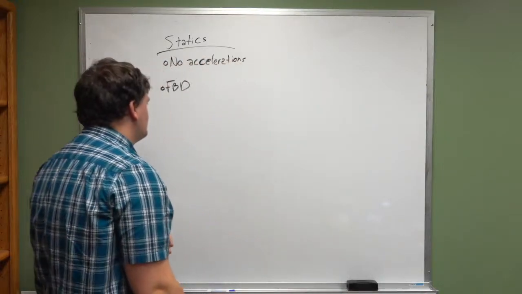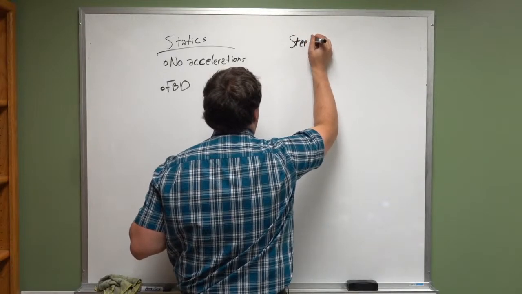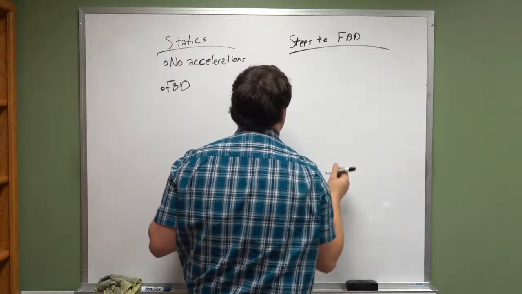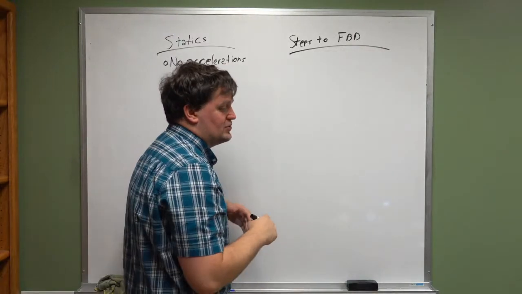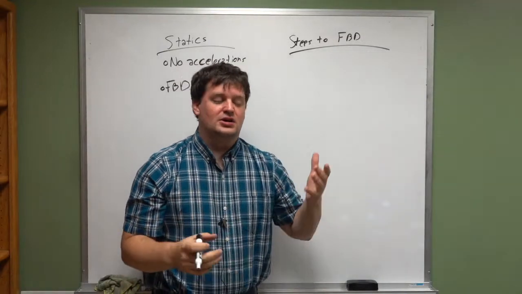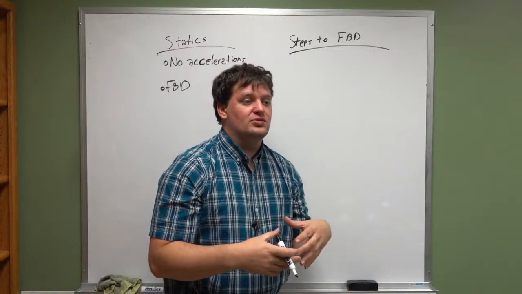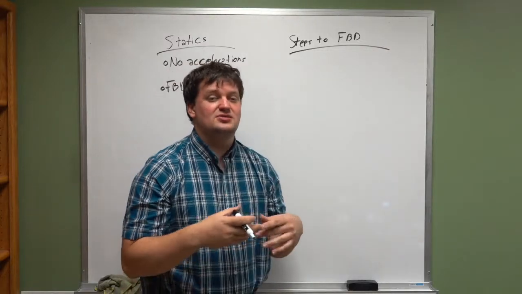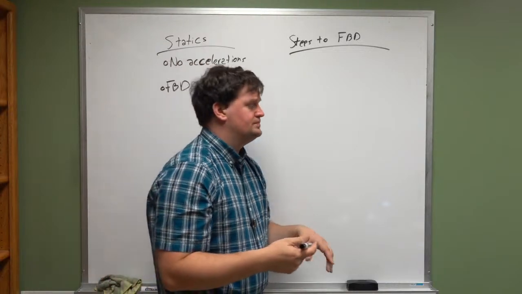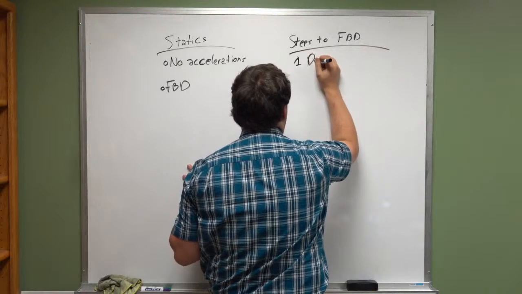The steps that I usually follow to make a free body diagram: first of all, you draw your component in one view. Side view, front view, top view. Okay? If you're dealing with a component that deals with 3D stresses, you may need to do all 3 views. So first step is you draw your component.